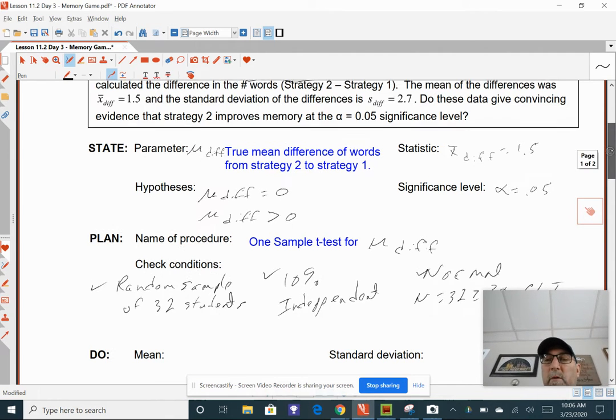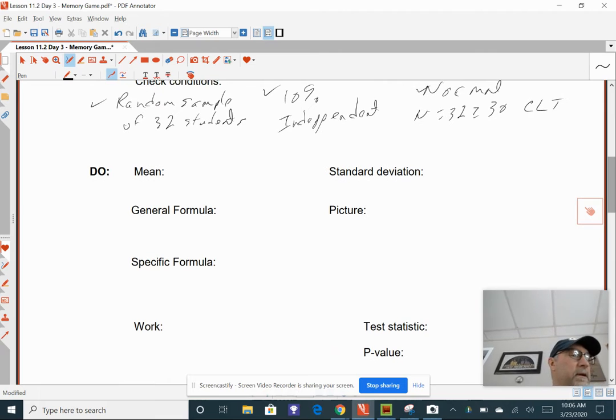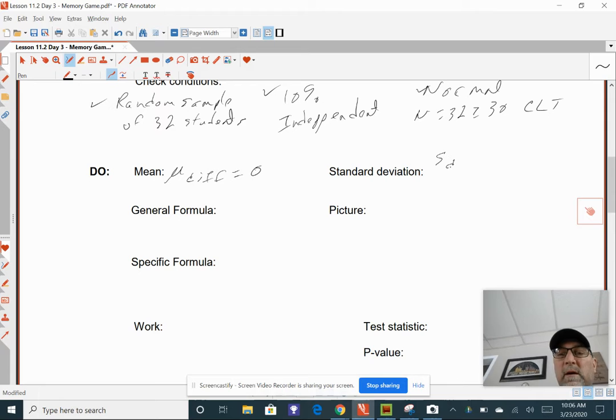So now we can do our do part. All right. So in this case, our mean is the mean difference equals 0. Standard deviation. So we take s of the difference. And this is where we divide by square root of n because this is a one sample.